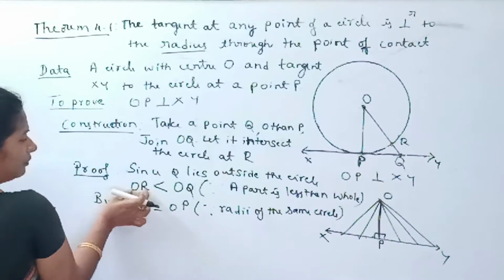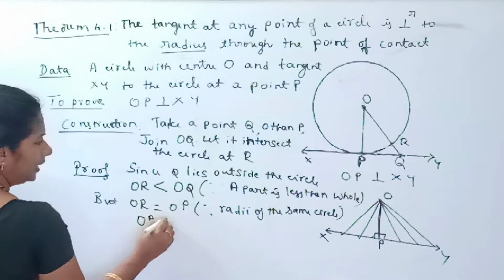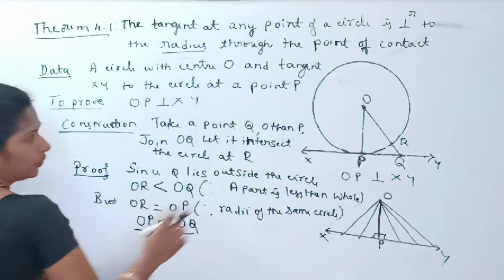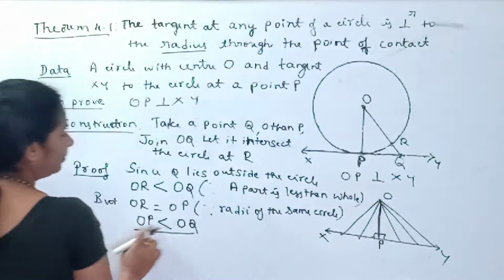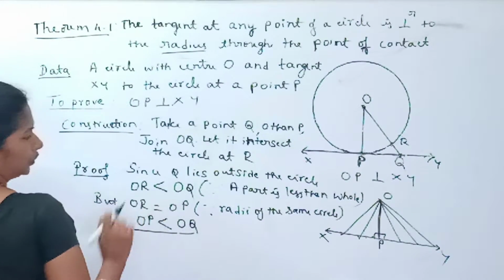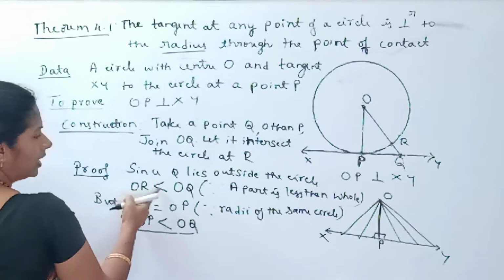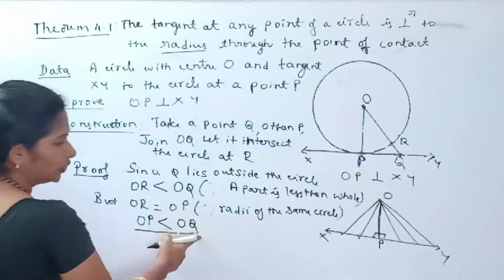Now, in place of OR, you can substitute OP. So OP is less than OQ. So we have proved, children, OP is always less than OQ, because OP is equal to OR and OR is less than OQ. Now you can write OP is less than OQ.